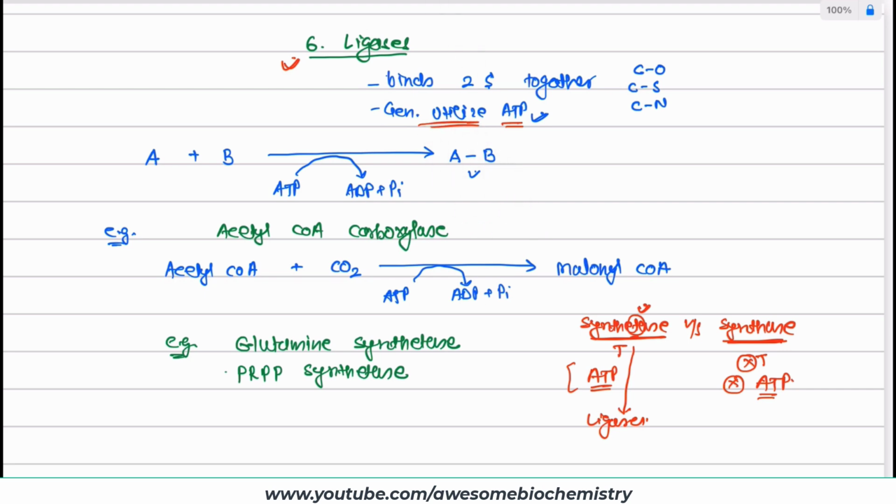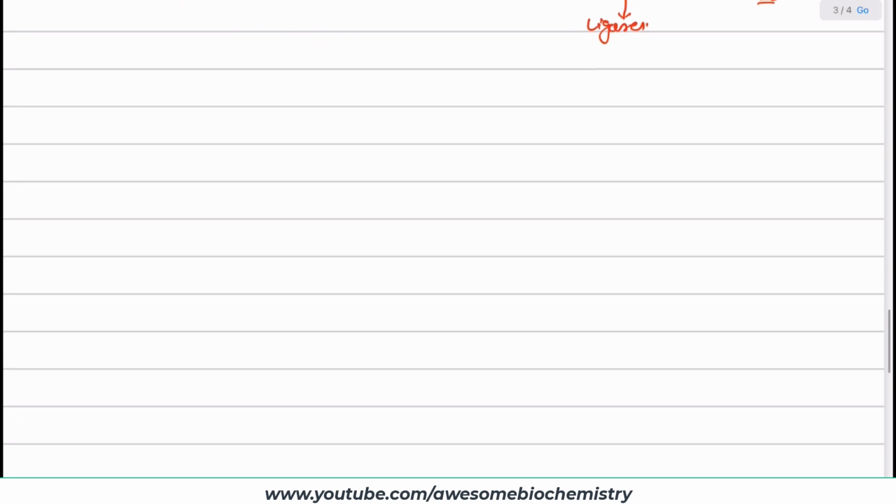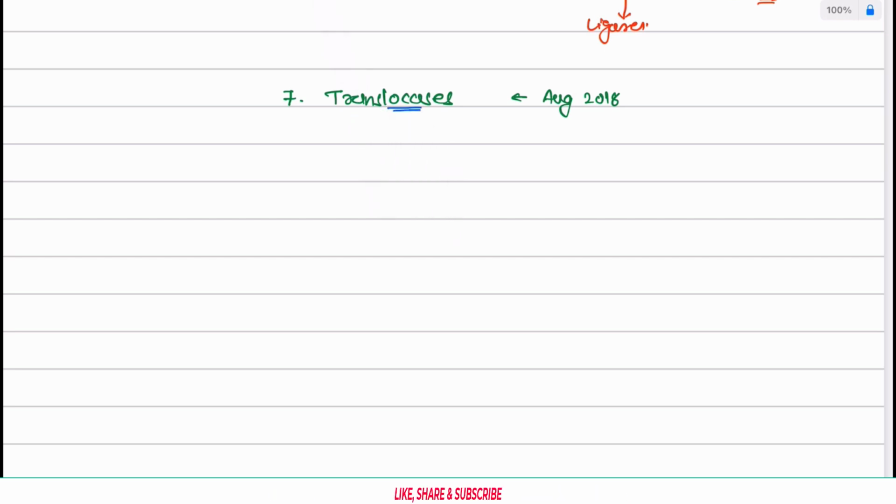Now let us move to the seventh class of enzyme, which is recently discovered, and the name of this class is translocases. This class was added in August 2018. Here also, as the name suggests, it changes the location of the substrate.